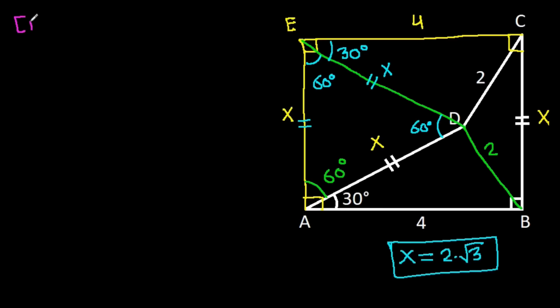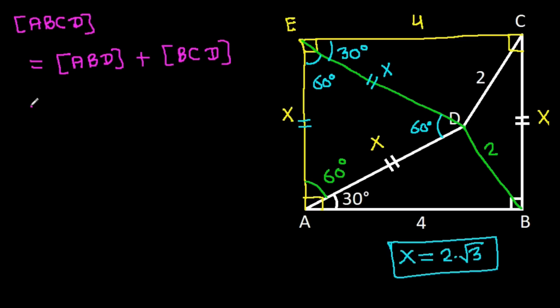Now area of ABCD will be equal to area of ABD plus area of BCD.